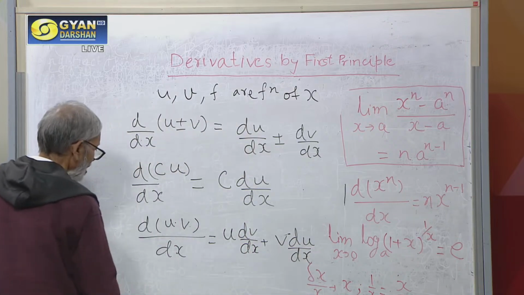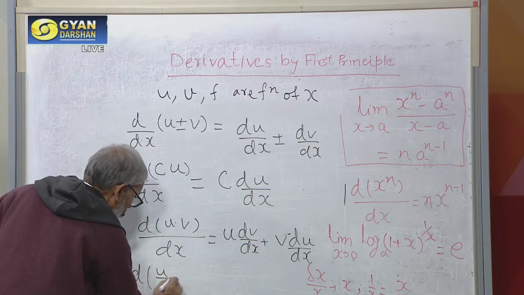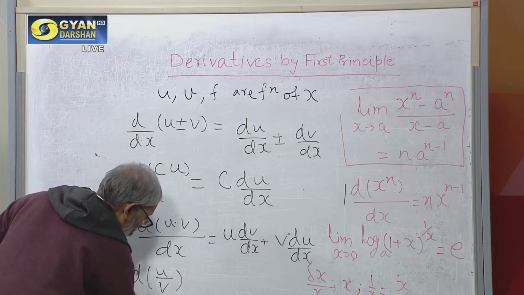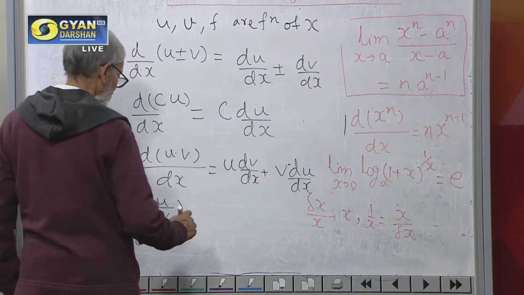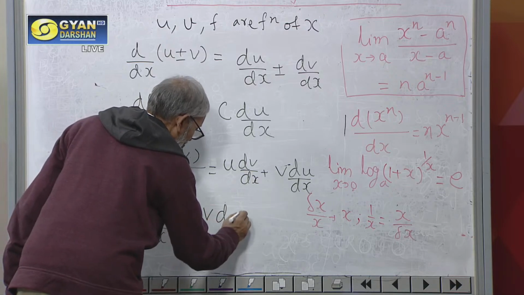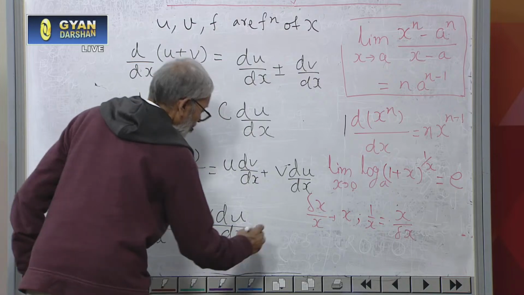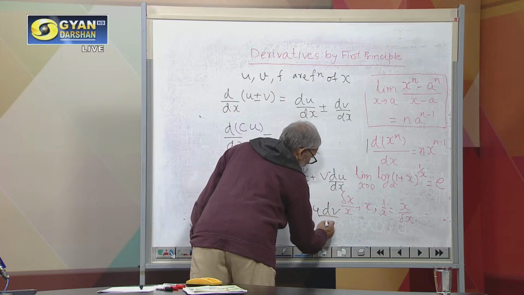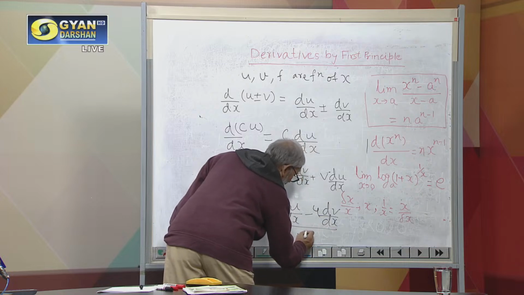And then the quotient formula, d by dx of u by v is equal to v du by dx minus u dv by dx, divided by v square.